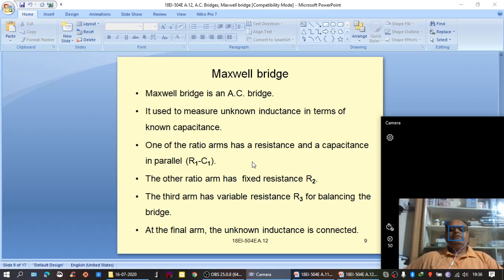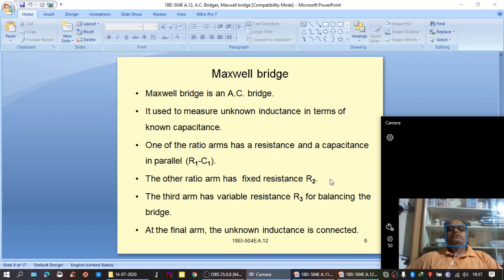One of the ratio arms has a resistance and a capacitance in parallel. The other ratio arm has a fixed resistance R2. The third arm has a variable resistance R3 for balancing the bridge, and the final arm is the unknown inductance.